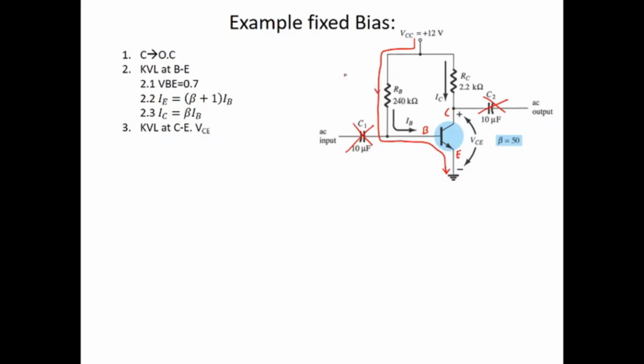This is our so-called base emitter current path, or input loop. We'll do the KVL at the input loop. KVL is negative 12 plus the voltage drop at the RB, where the current is IB.